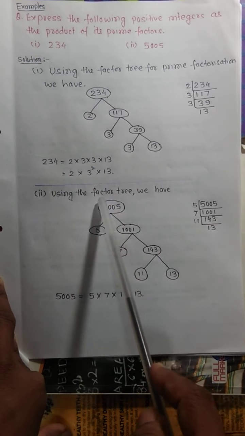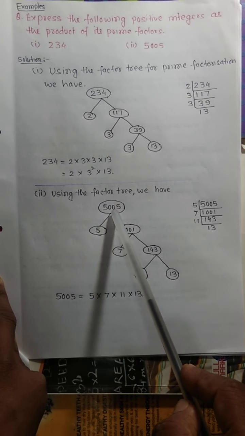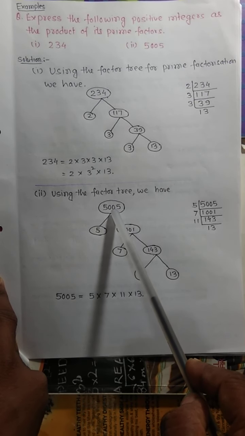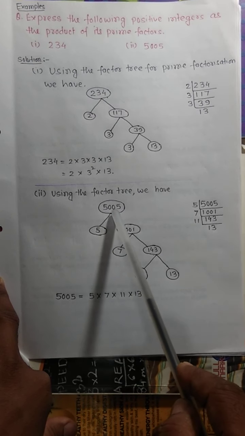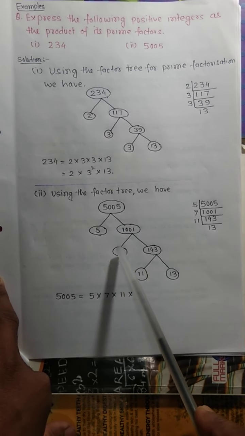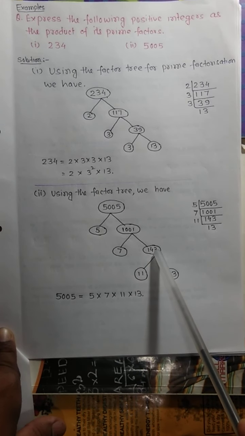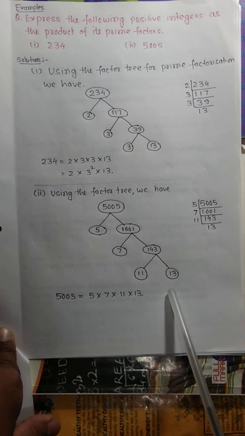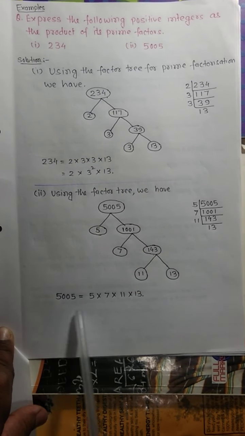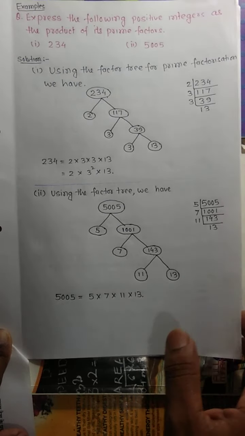So we can arrange it in the form of a factor tree. 5005 can be written as 5 into 1001, this 1001 can be written as 7 into 143, and this 143 can be written as 11 into 13. So finally the prime factorization of 5005 is 5 into 7 into 11 into 13.